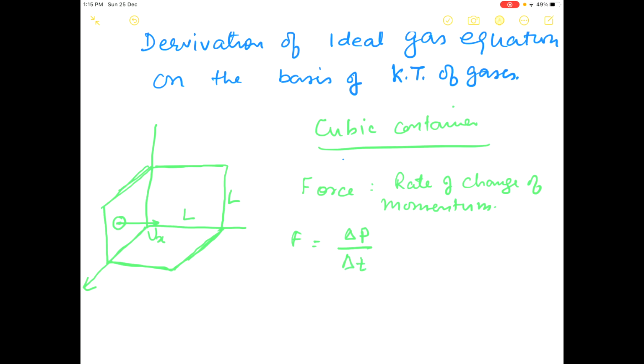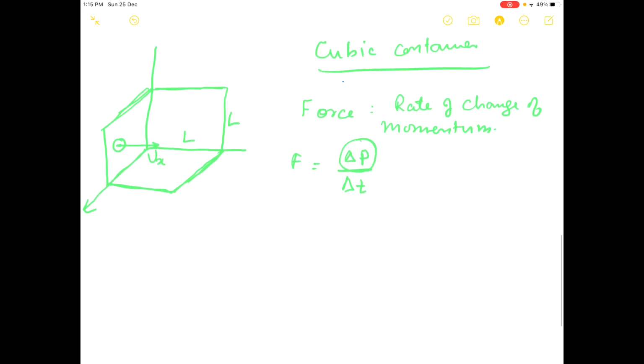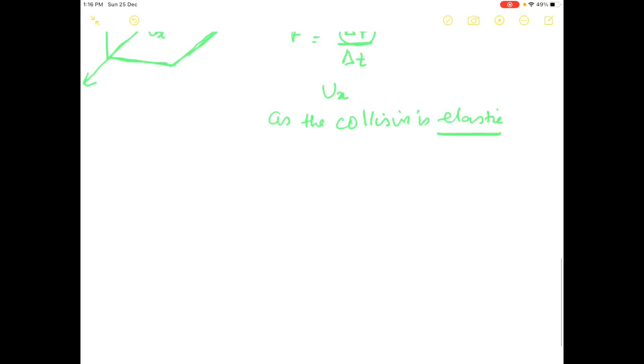What is the change in momentum? If the molecule strikes the wall with the velocity ux, and as the collision is elastic, then after collision the velocity of the molecule will be minus ux.